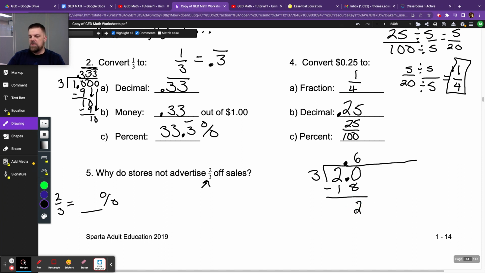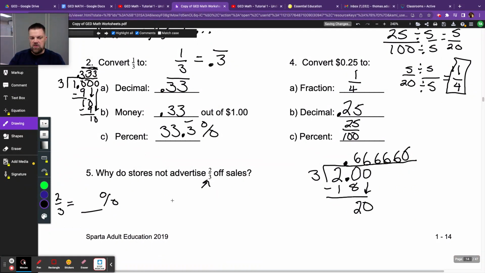Does 3 go into 2? No. So when we do long division, we can keep dropping these zeros in, and that's how the calculators figure out the decimal. But what do you notice? We're repeating again. So what do you think this is going to do? Add another 6. Yeah, this is just going to go on and on and on forever, right?